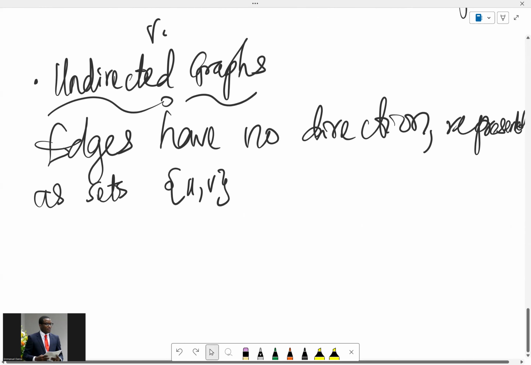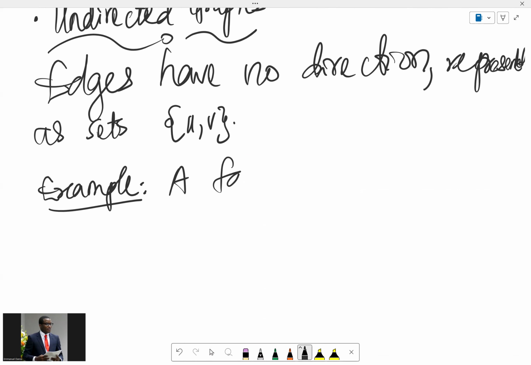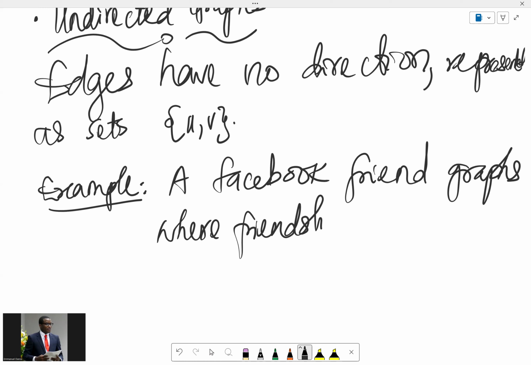Like I said before, a very good example is friendship on Facebook. A Facebook friend graph is one where friendships are mutual. On Facebook, you cannot be somebody's friend without the person being your friend. But follows are not mutual: you can follow someone who doesn't follow you, and someone can follow you and you don't follow them.